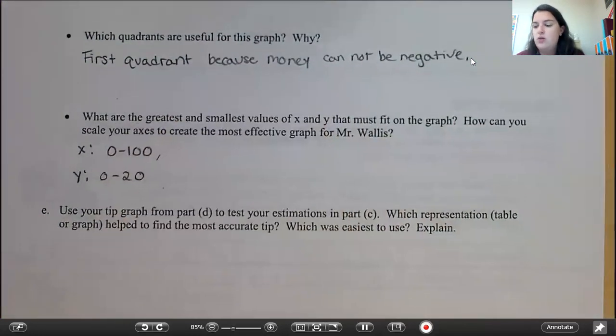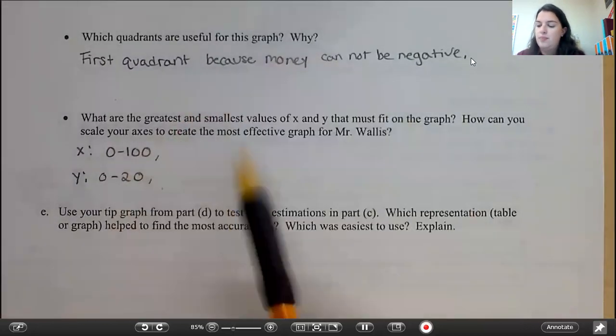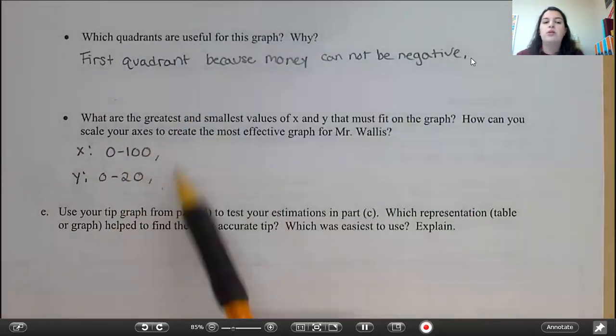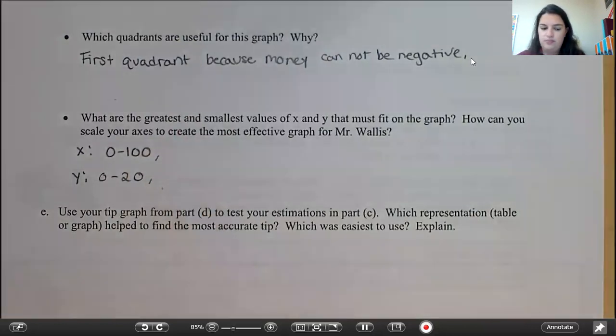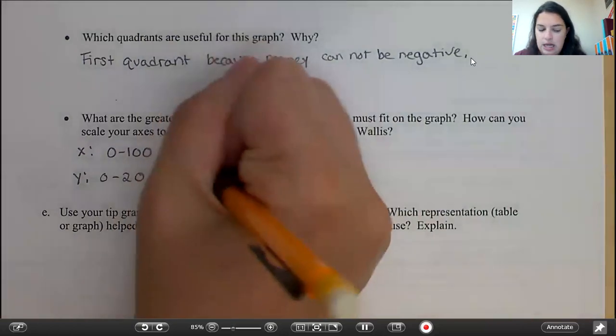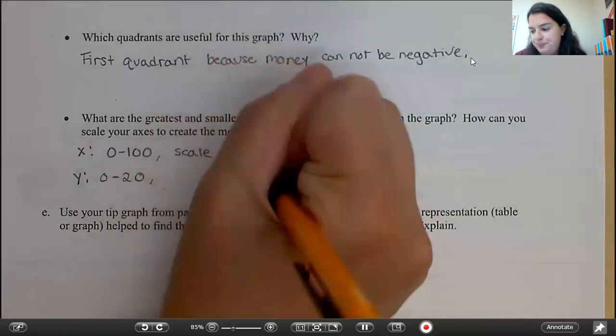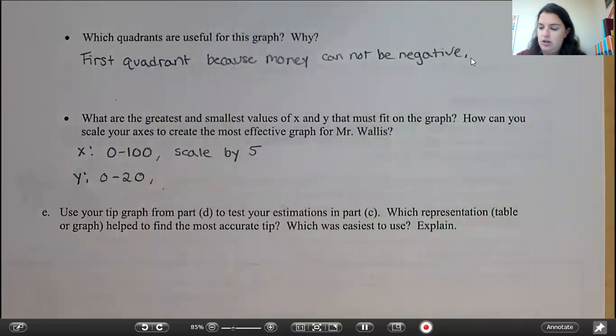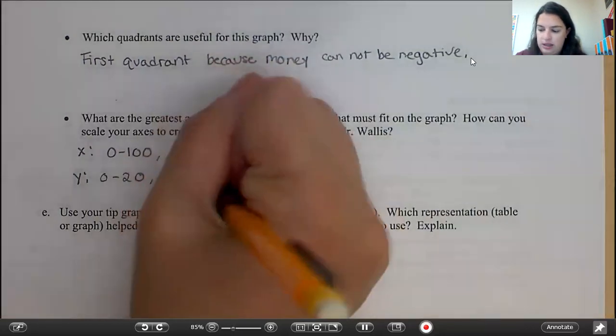So pause the video, and try to figure out what you need to be scaling by on your x-axis and your y-axis. If you're back with me, on the x-axis, you should be scaling by 5. And on the y-axis, you should be scaling by 1.